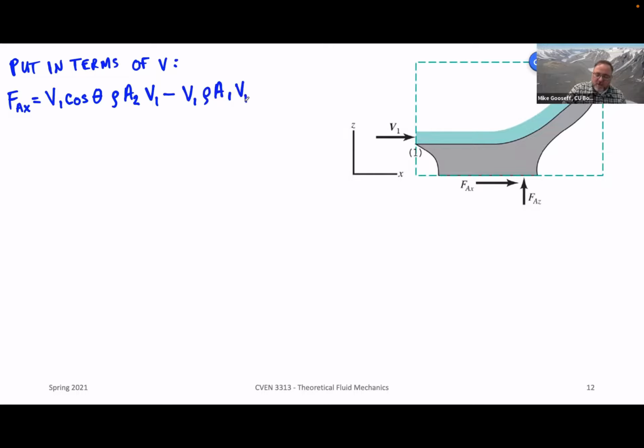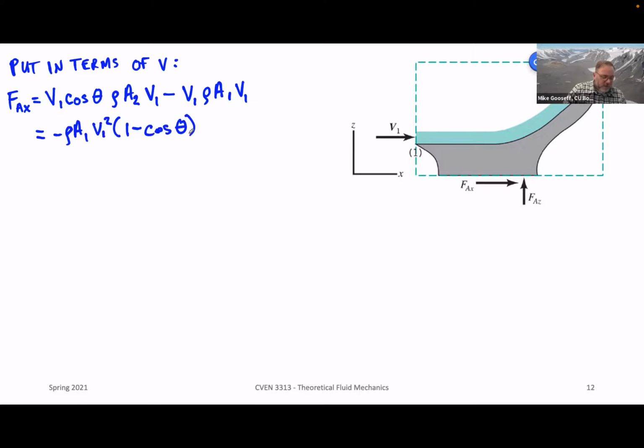So if we group these terms, what we get is minus rho A2, and A1 and A2 are equivalent as well, so we can simply say A1 times V1 squared times 1 minus cosine of theta, right?